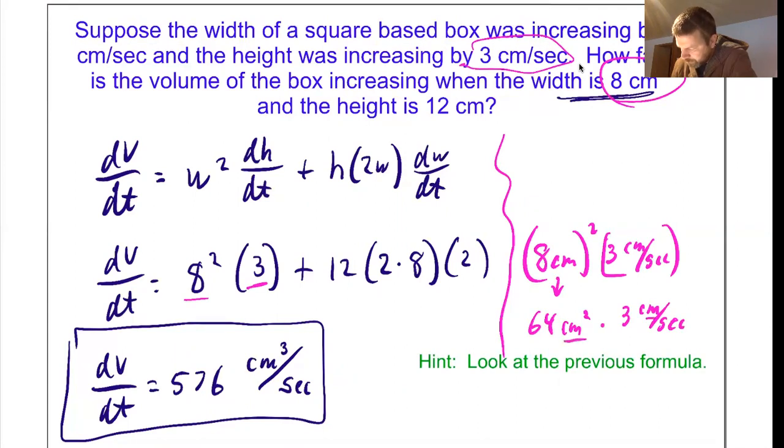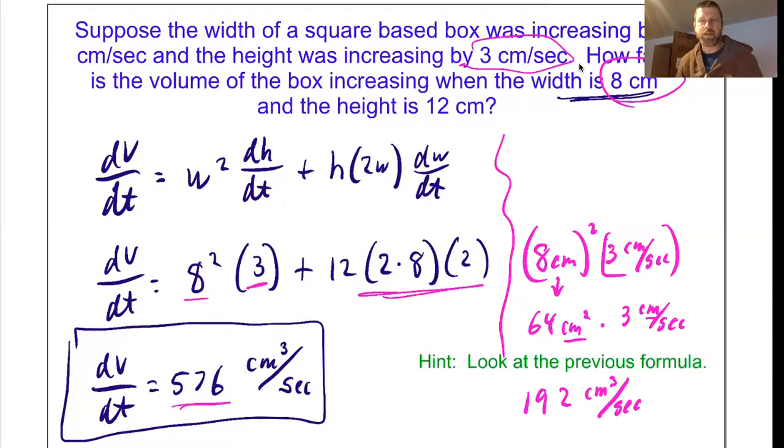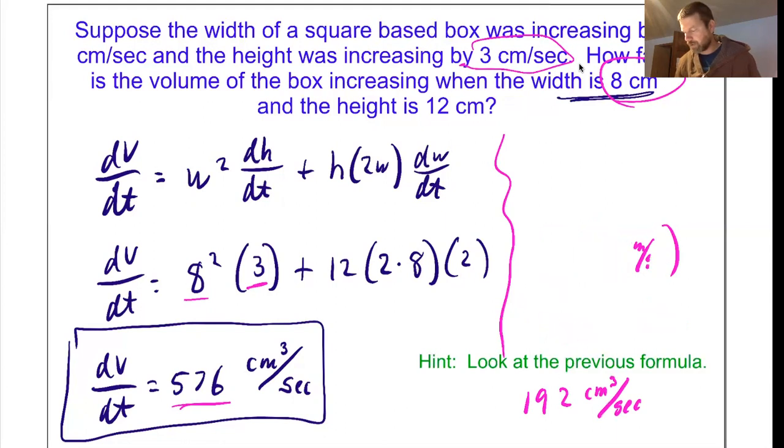Centimeters squared times another centimeter, that's centimeters cubed. 64 times 3, that's 192. It's 192 centimeters cubed per second. Same label. Now I didn't do this part of it, but I certainly could. I'd still get centimeters cubed per second, and when I added them together, that's how I got this 576. But if you're not sure of the units you should add to it, just plug those labels in. The math works out just fine.